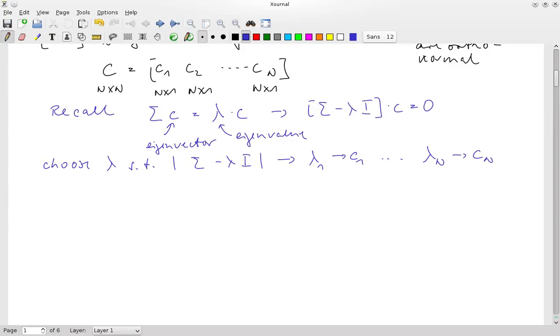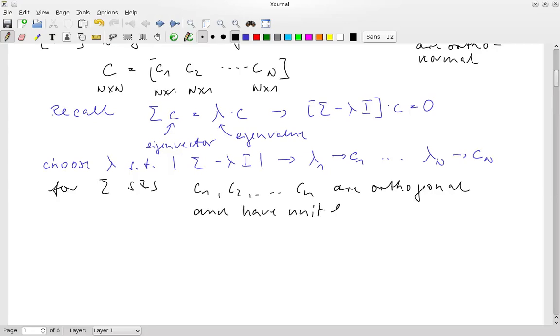And it happens to be the case that these eigenvectors that you get in this way are also orthogonal. Okay. So essentially what we can write here is that for sigma being symmetric and square, the resulting eigenvectors are orthogonal, and they have unit length, or we can make them have unit length.